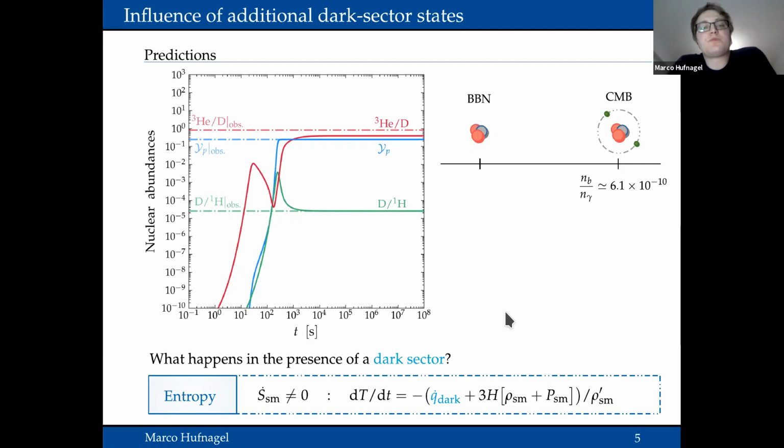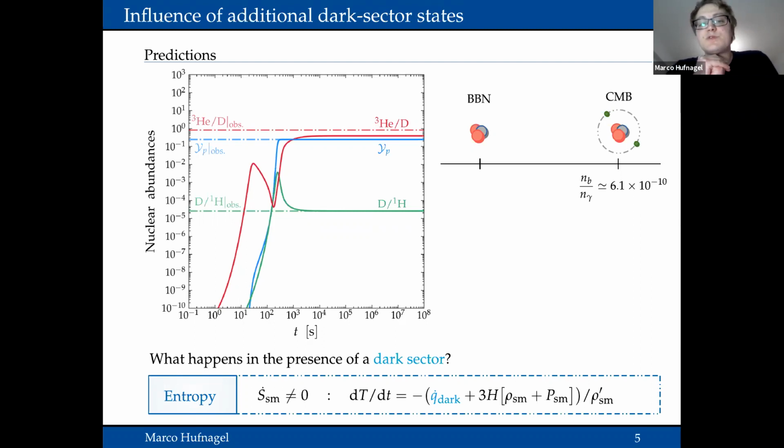I mean, the problem is that everything that you try to solve the lithium problem with, you can add a certain amount of energy density to the standard model and then end up with the correct lithium abundance. This is possible. However, you will always also end up with the wrong deuterium and helium-4 abundance. This is always a problem.